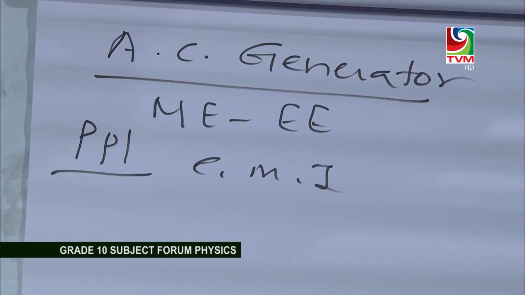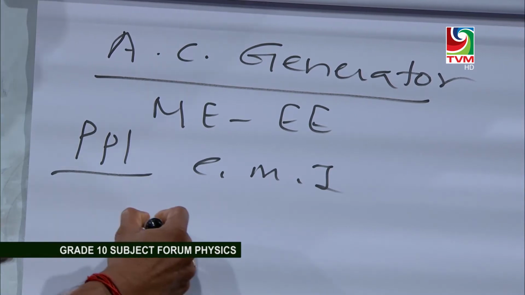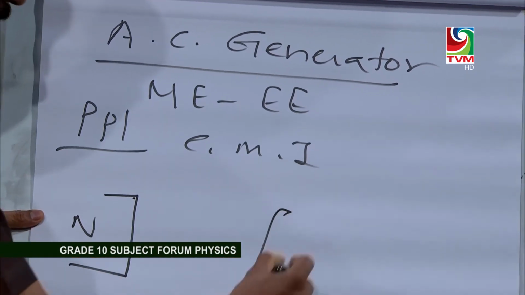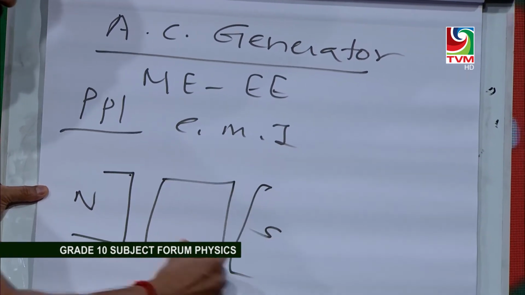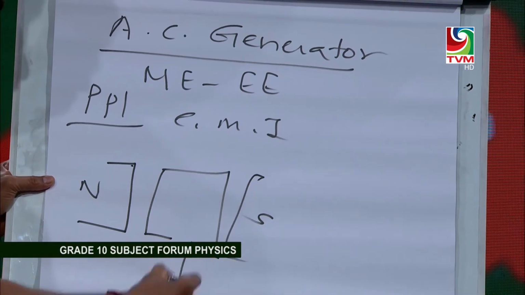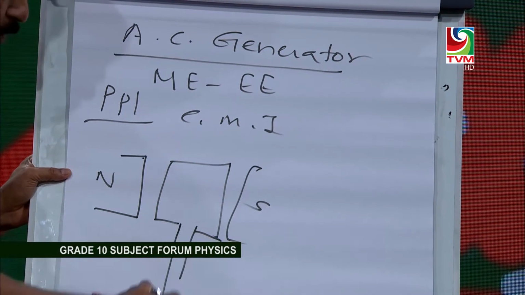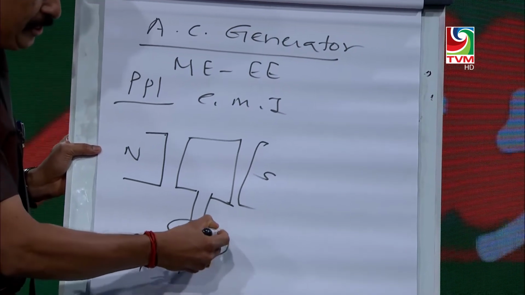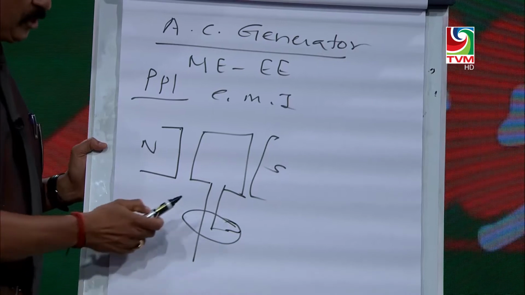In this case, it is similar. This AC generator is similar to the DC motor, with only two changes. Look at the diagram. Here there is a rectangular coil, which is placed in between the poles of a powerful permanent magnet. The two ends of the coil are connected to two slip rings. That is the one change. In the case of a motor, it is a split ring.